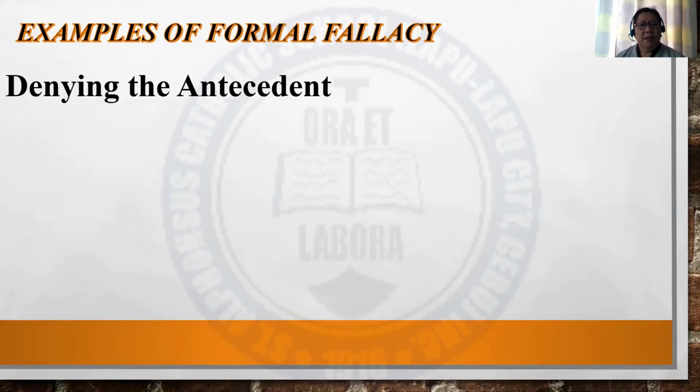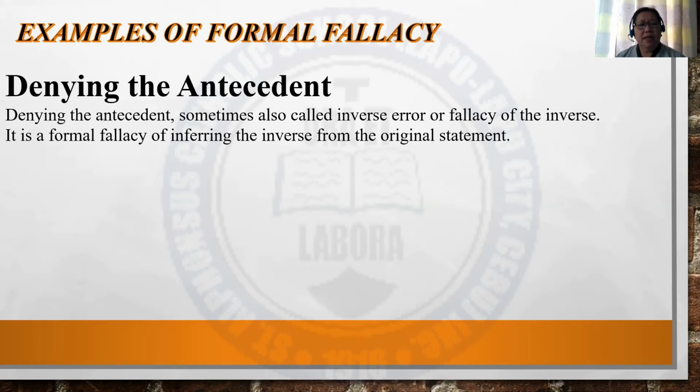Next, let us have denying the antecedent. Denying the antecedent, sometimes also called inverse error or fallacy of the inverse, is a formal fallacy of inferring the inverse from the original statement. For example, the first premise is, if you are a ski instructor, then you have a job.